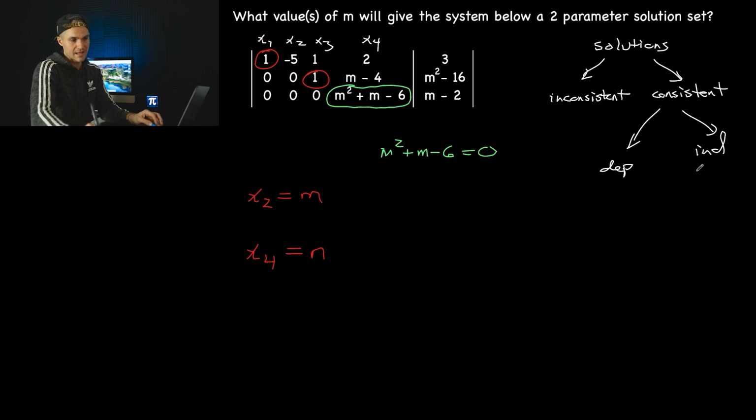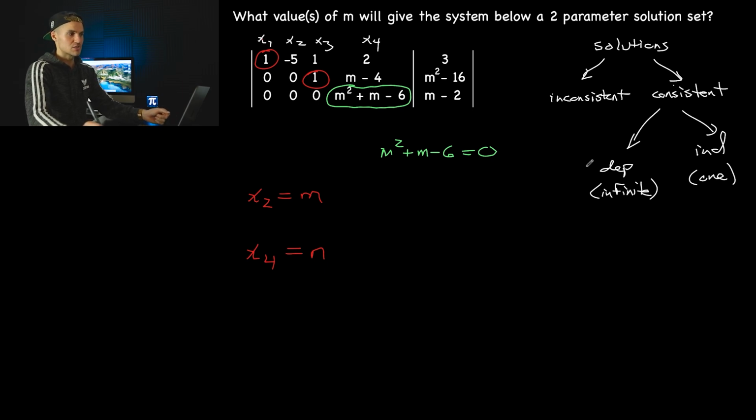If it's an independent, consistent solution, that means there's only one solution to the system, which is not what we want. Because we want a two-parameter solution set, it means that there's going to be an infinite amount of solutions. So it's going to be a consistent and dependent solution. And then finally, an inconsistent solution means that there are no solutions.